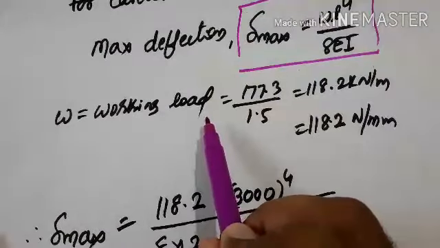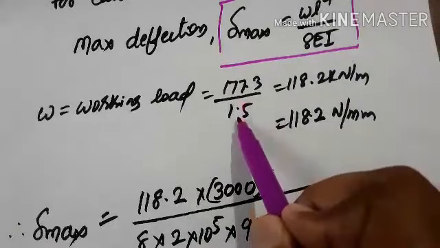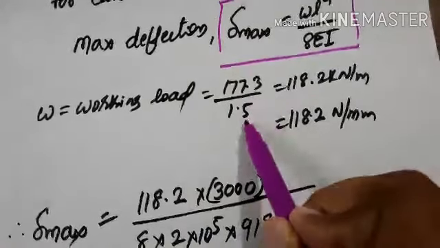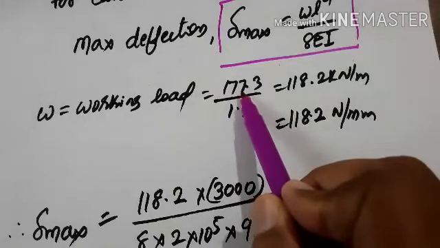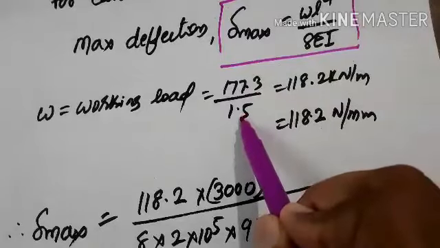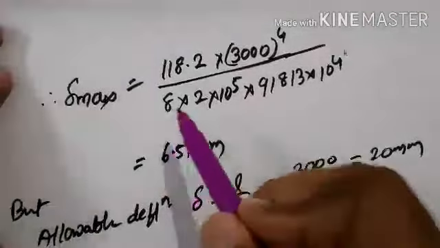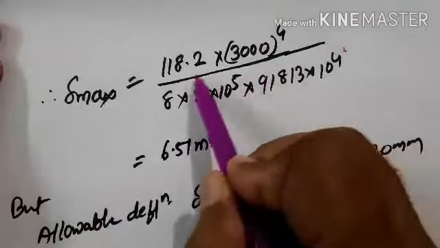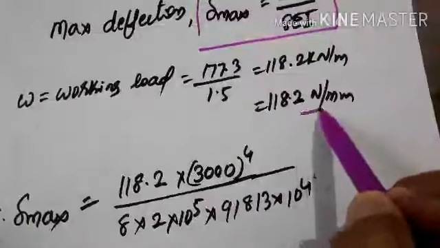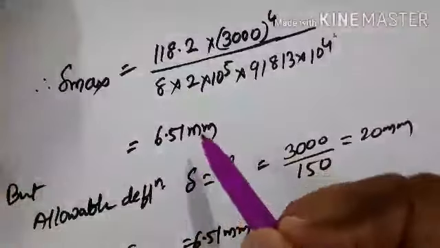For working load you have to check the deflections, so you have to divide by 1.5: 177.3 divided by 1.5, that is the load carried by the cantilever beam. Then calculate the maximum deflection; we have taken all in millimeter, substitute here, and you will get delta max as 6.51 millimeter.